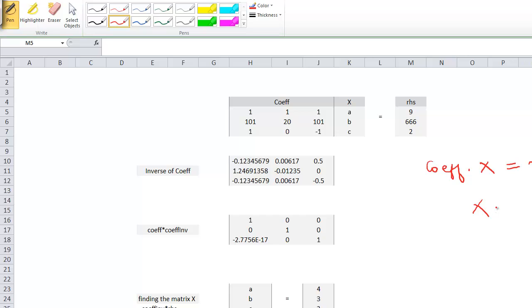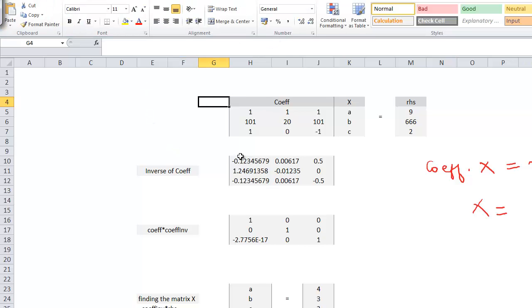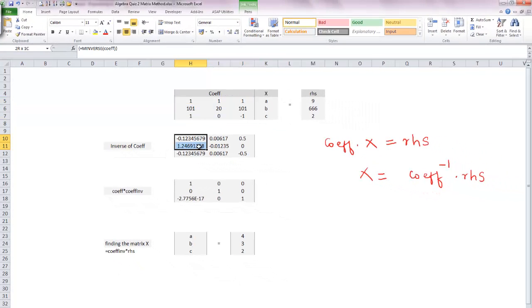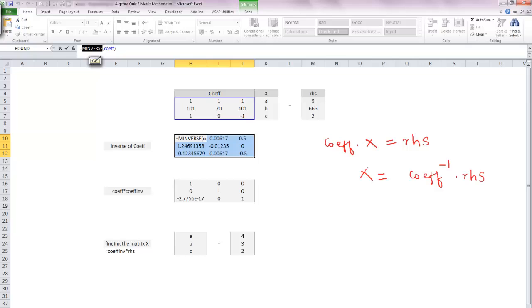To get the x vector, we simply have to take the inverse of this coefficient matrix and then multiply it by the RHS. That's what I've done now. To take the inverse of the coefficient matrix, you highlight 3 by 3 rows and columns, and then write equal to MINVERSE, the Excel formula for the inverse of an array.